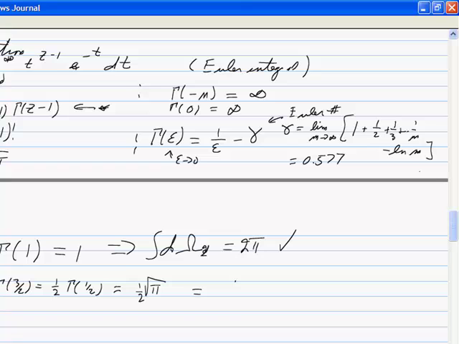And so then we end up with the integral d omega in 3 dimensions being 2 pi to the 3 over 2 divided by 1/2 square root of pi, which is, sure enough, 4 pi.